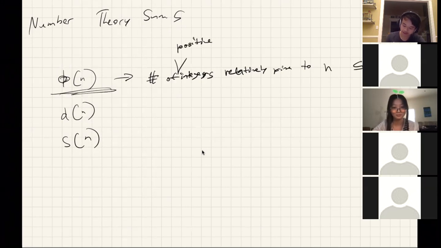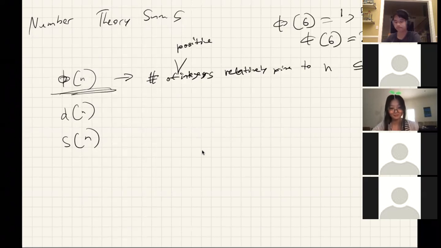For example, phi of 6 is going to count 1. It's not going to count 2, 3, or 4. It's going to count 5, and it's not going to count 6. So in this case, phi of 6 equals 2.